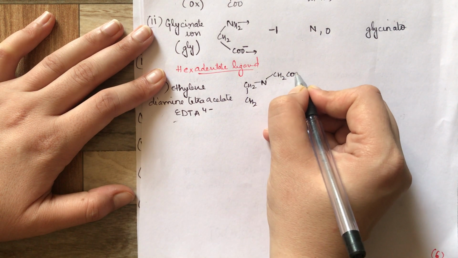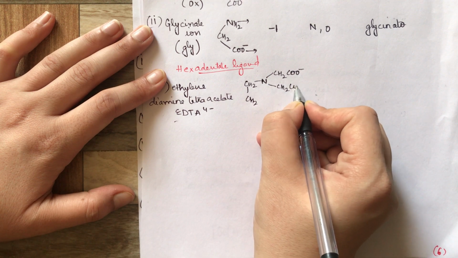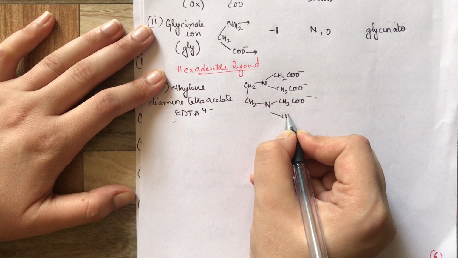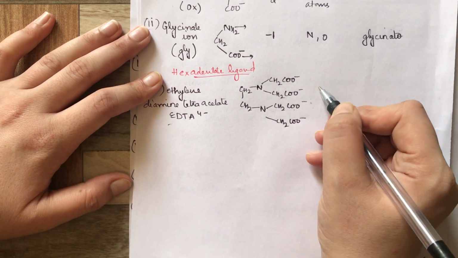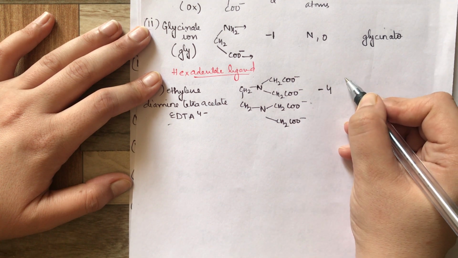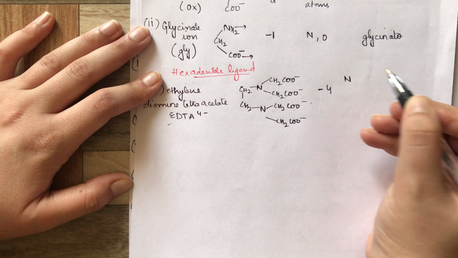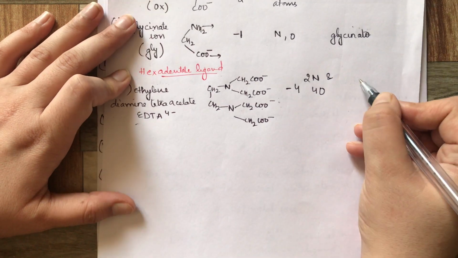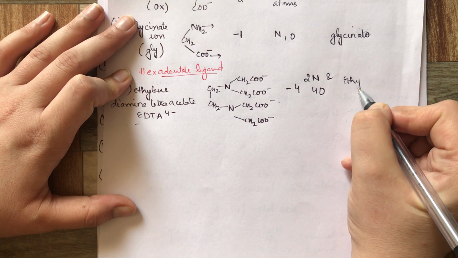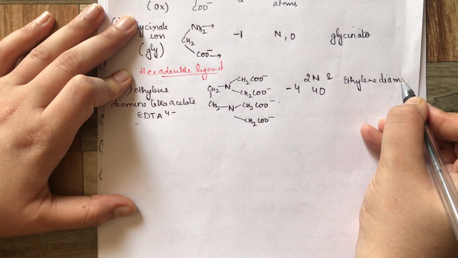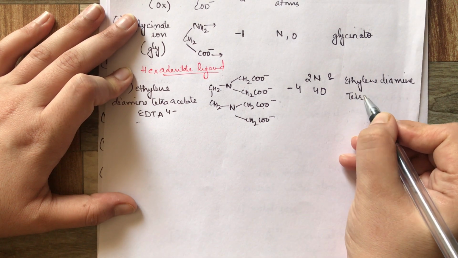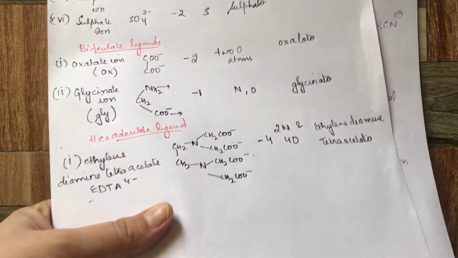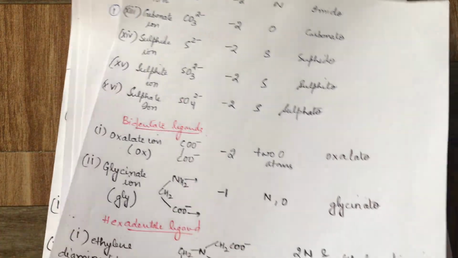It is CH2COO negative, CH2COO negative, CH2COO negative, and CH2COO negative. The charge is -4, and the donor atoms are 2 nitrogen atoms and 4 oxygen atoms. As a ligand, it is called ethylenediaminetetraacetate, right?